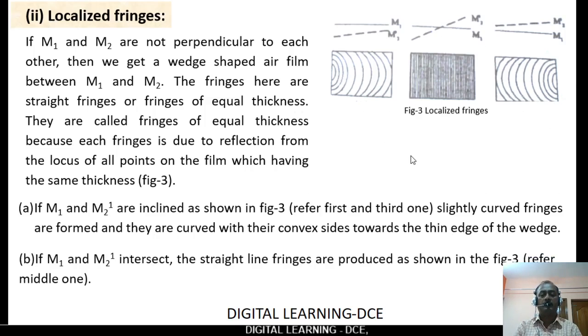If M1 and M2 dash intersect like this, refer to this diagram, straight line fringes are produced. Exactly straight line fringes are produced as shown here, in the middle diagram.